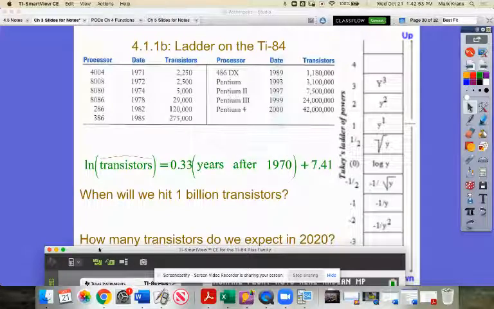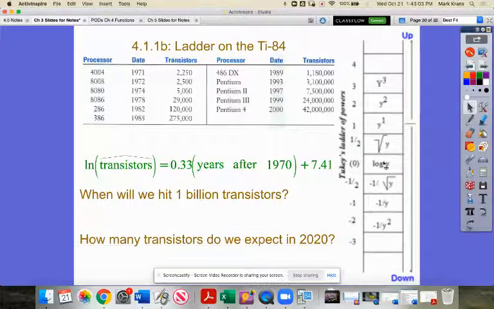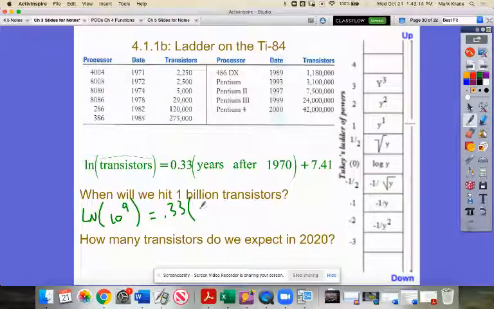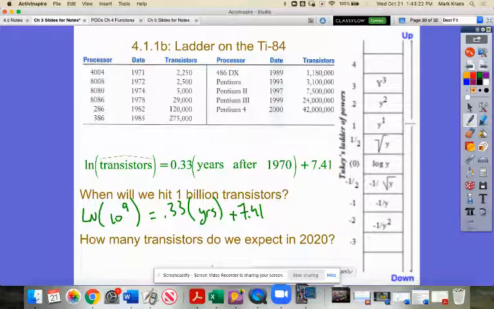Okay? And so when I want to calculate something, when will we hit 1 billion transistors? I can plug in the predicted 1 billion, and what I'll type in here is ln of 1 billion, which is 10 to the ninth, equals 0.33 times years plus 7.41. And if I subtract 7.41 and divide by 0.33, I'll do that on my calculator.